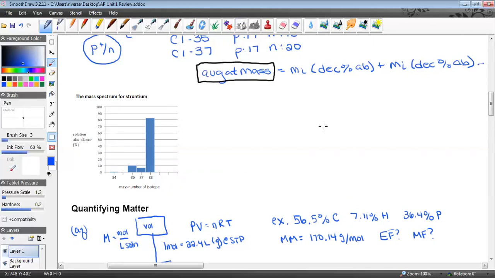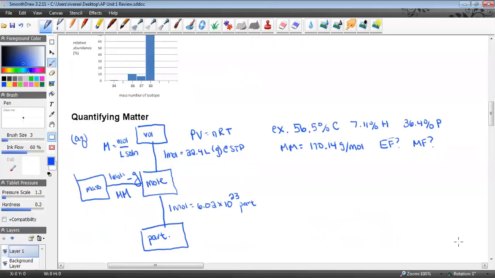Okay, you guys. So if you're like, I have no idea what this problem's asking me to do, remember, you want to convert your percentages to mass by assuming a 100-gram sample. So that's easy. And then you're going to go from mass to moles. And then you're going to go from moles to a mole ratio by dividing by the smallest value.